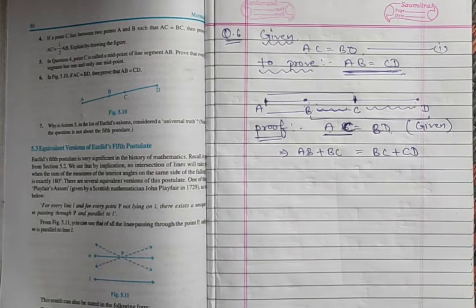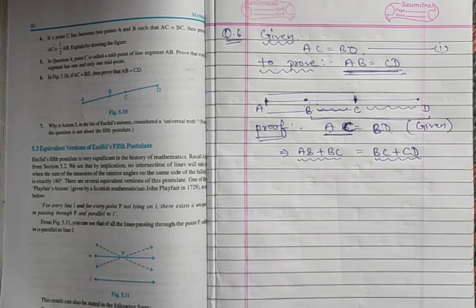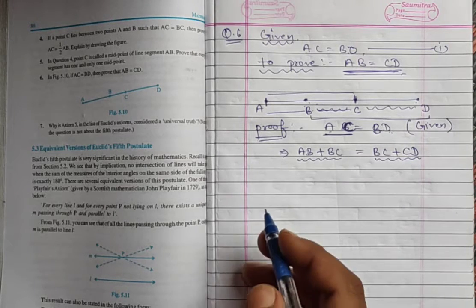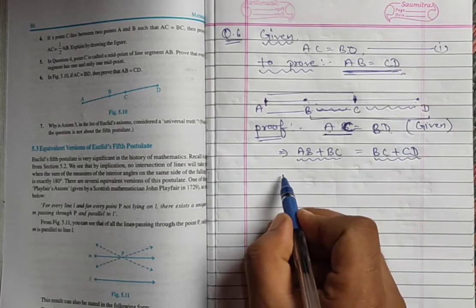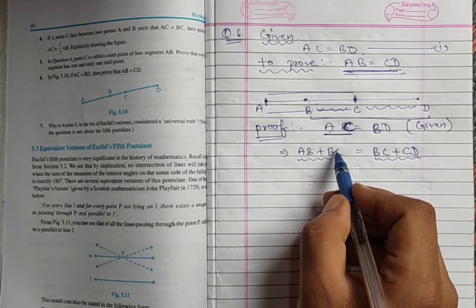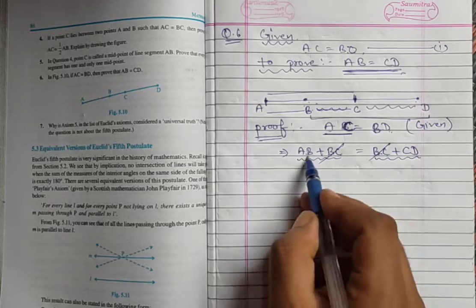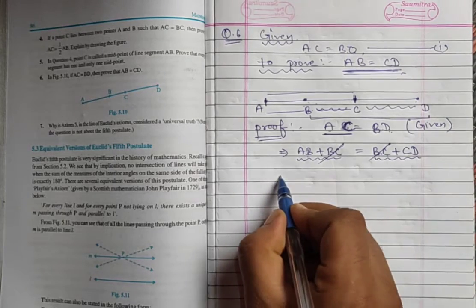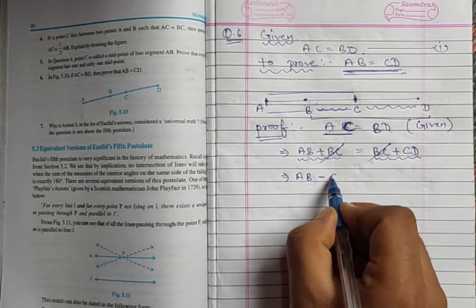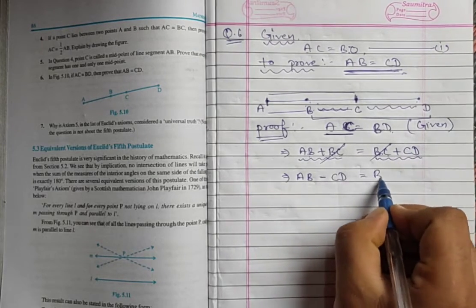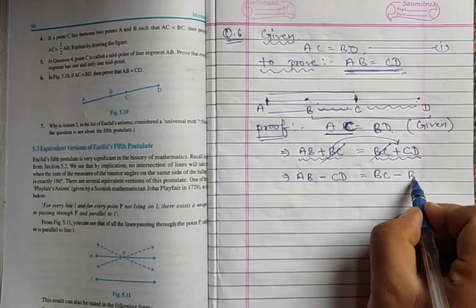Now see, there is AB, BC and BC, CD. BC is the common part, there is BC here and also BC there. So what can we do? We can cancel BC from both sides, because both have the same sign, plus and plus. Or we can solve it as AB, and take CD to that side, minus CD, and take BC, this one, and put it there as minus BC.